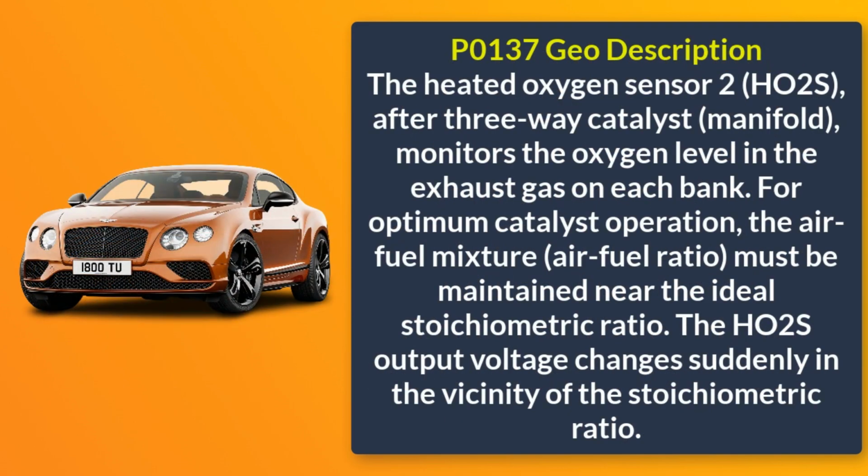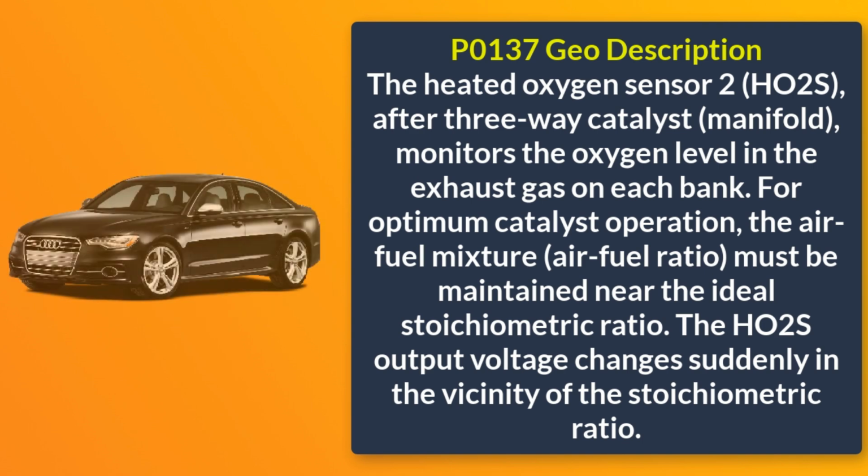I'm also giving you a little bit of a description of the P0137. The heated oxygen sensor, HO2S, after the three-way catalyst manifold monitors the oxygen level in the exhaust gas on each bank for optimum catalyst operation.